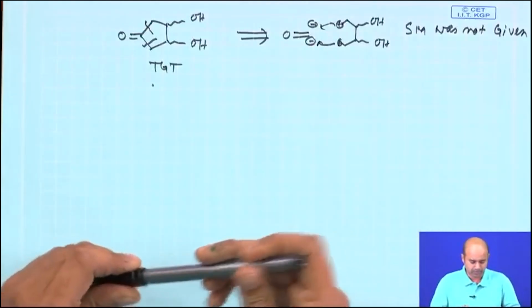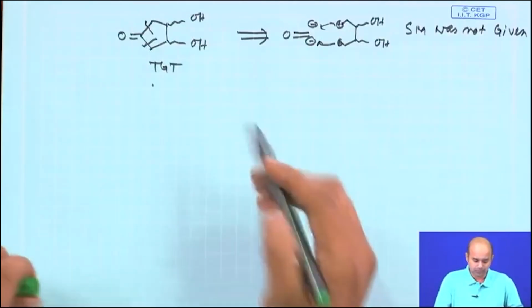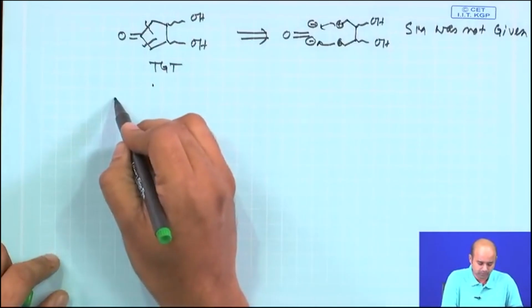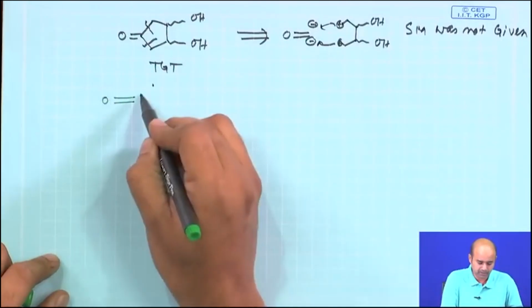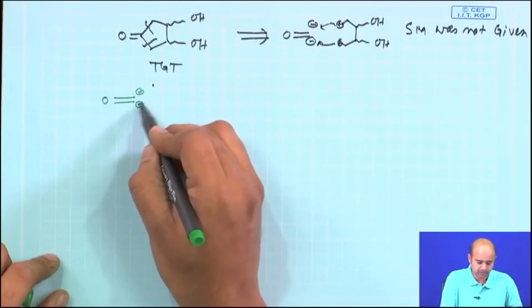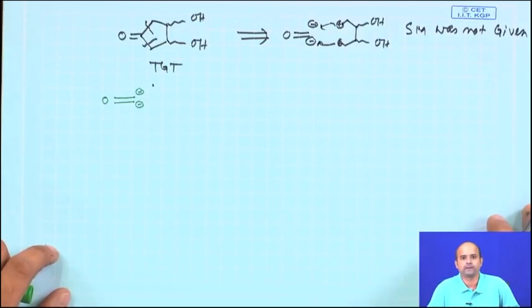The main thing is you have to think about some species which will give you a doubly charged negative carbonyl compound.